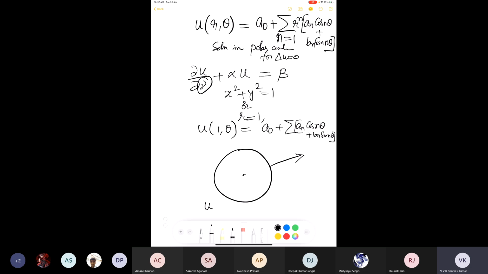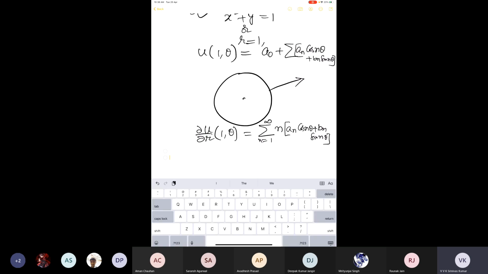So what is u with respect to r at (1, theta)? You differentiate with respect to r, then n will come with r power n minus 1. When you substitute, we finally get summation n times (an cos n theta plus bn sin n theta), n equals 1 to infinity.